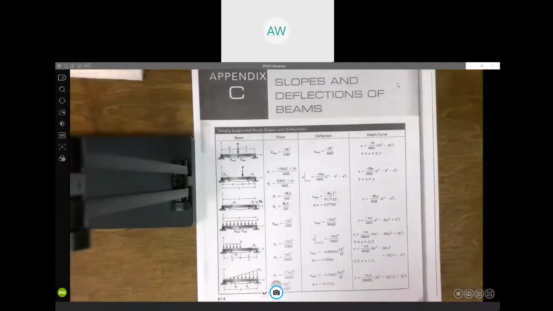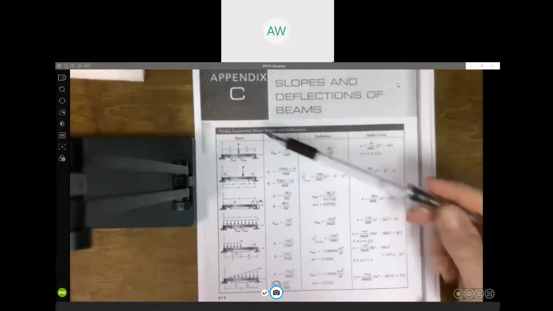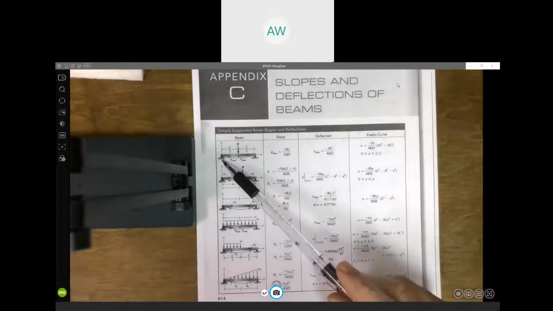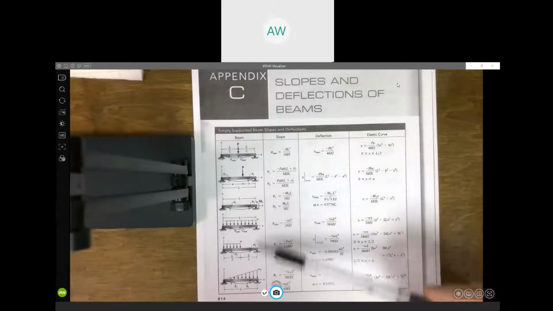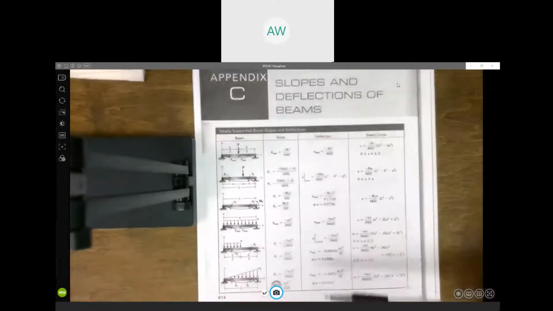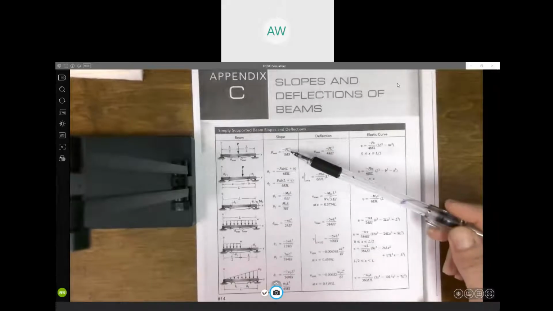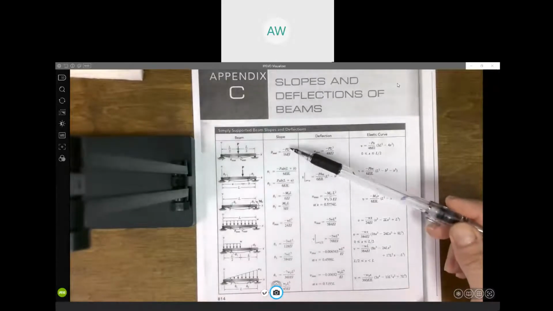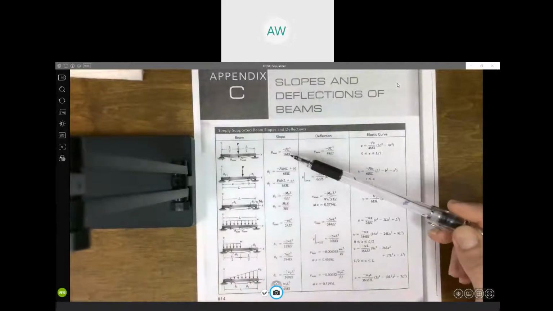If you want to pull out your book and look, what you'll see is a table for simply supported beams. These beams have a pin and a roller support. And you see, it looks like 6 different individual loadings. For each of those loadings, typically what's given in the first 2 columns are maximums.